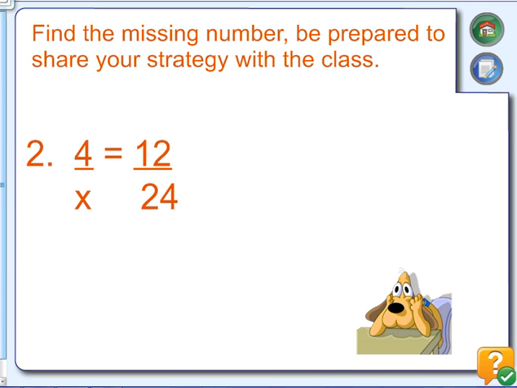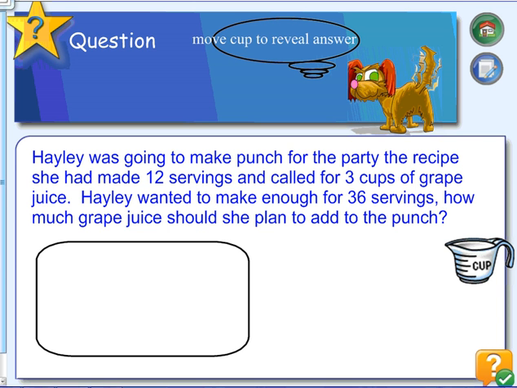Now we can also use proportions and cross multiplying when we're talking about word problems. So we have Haley was going to make punch for the party. Sorry, there's a typo here. The recipe she had made 12 servings and called for 3 cups of grape juice. Haley wanted to make enough for 36 servings.